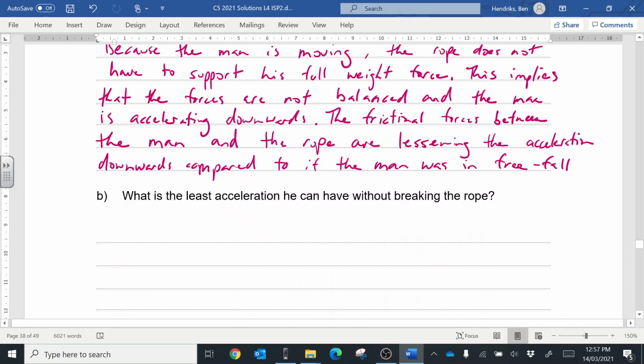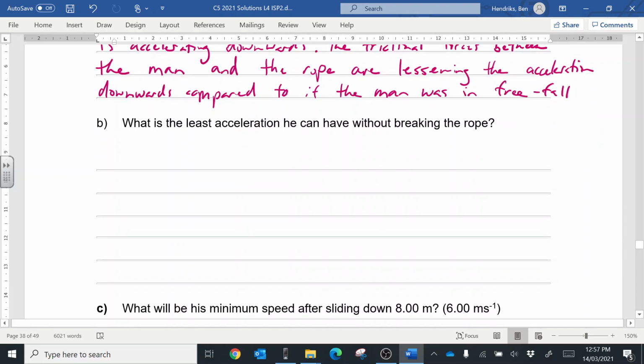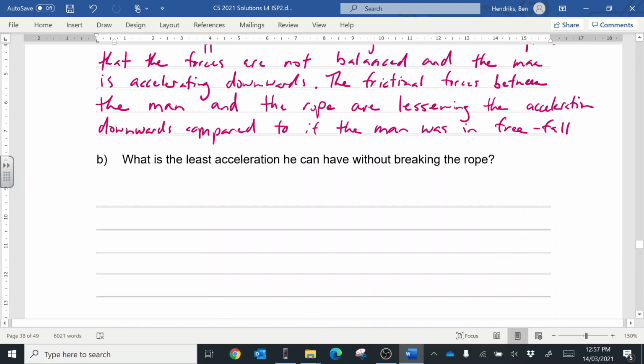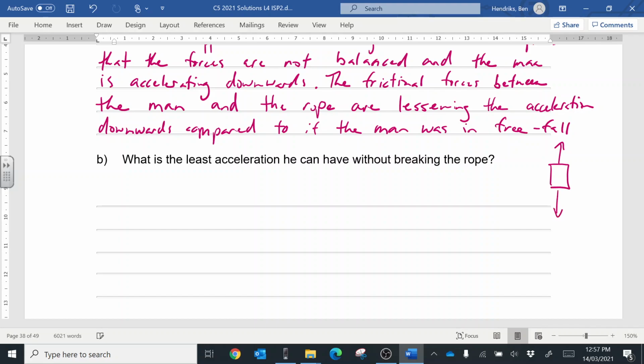So what is the least acceleration he can have without breaking the rope? We imagine we have a force upwards and a force downwards. Force gravity is going downwards and the tension force is going upwards.